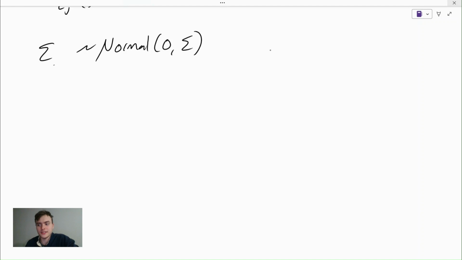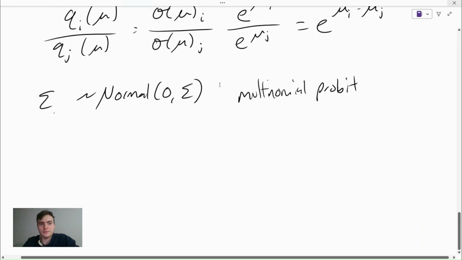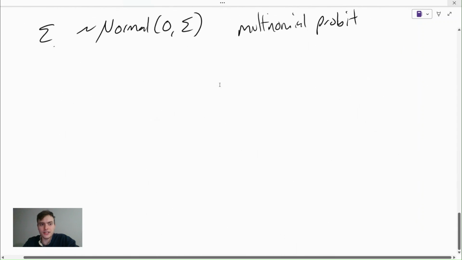But either way, this would be called multinomial probit instead of multinomial logit. However, there's no closed form for the resulting choice probability, so you'd have to compute it through simulation.